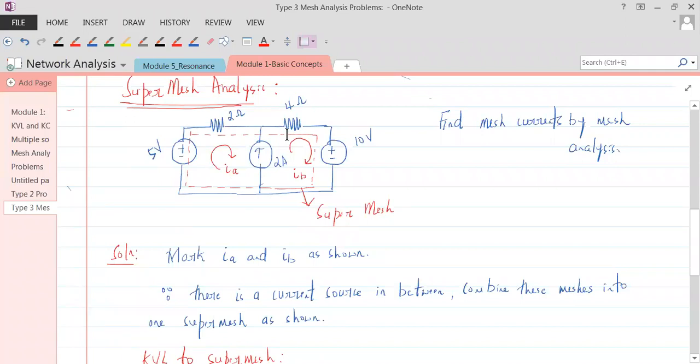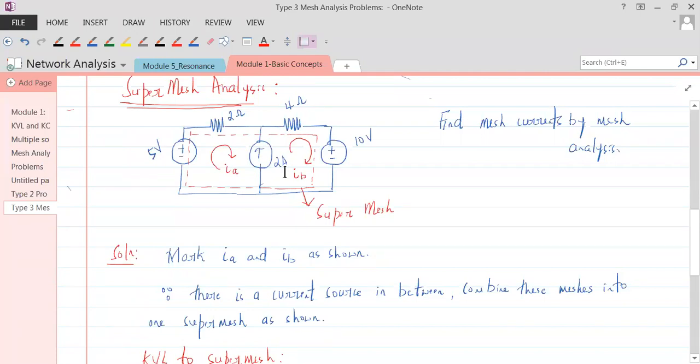So the question is, can we write this 2 amperes in terms of the mesh currents? We need another equation, and that equation is called the constraint equation. It needs to be written by seeing the current source and expressing it in terms of the mesh currents. Is that possible?